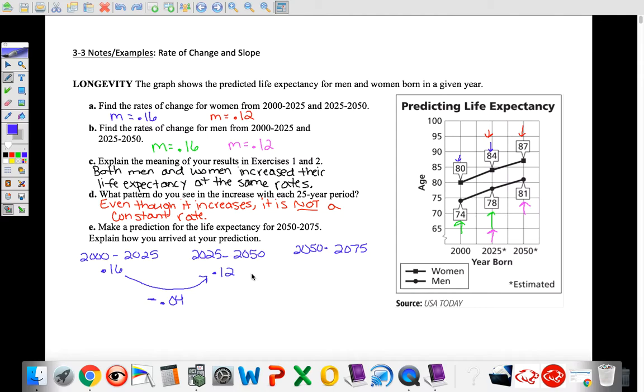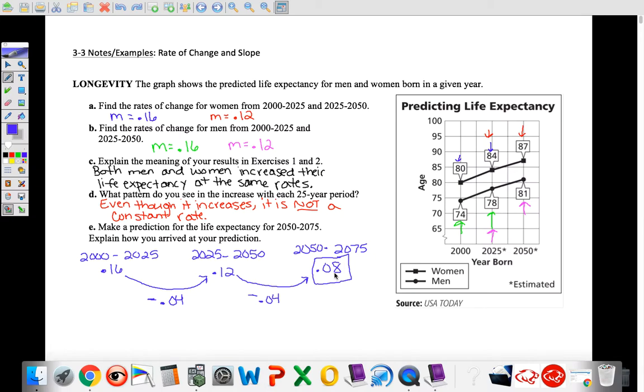So if we think that this trend continues, our rate of change would go down 0.04. So 0.12 minus 0.04 would give us 0.08. So that's what our rate of change would be between the years 2050 and 2075.